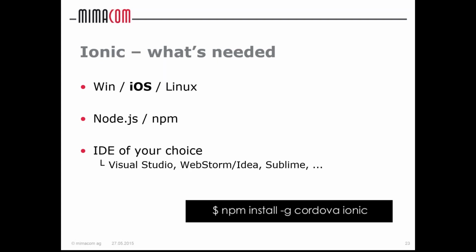And if you are familiar with front-end development, I think this white on black command line will be easy to understand. So when you want to start, if you have Node.js, you just install Cordova and Ionic packages globally, and it will install into your environment command line interfaces for these technologies.